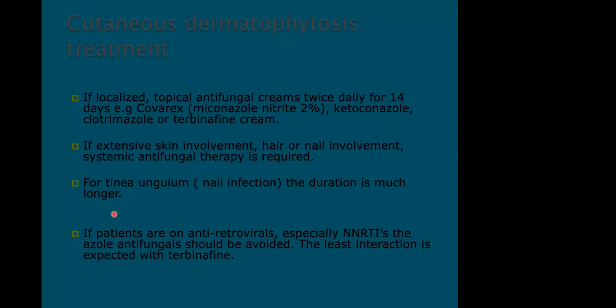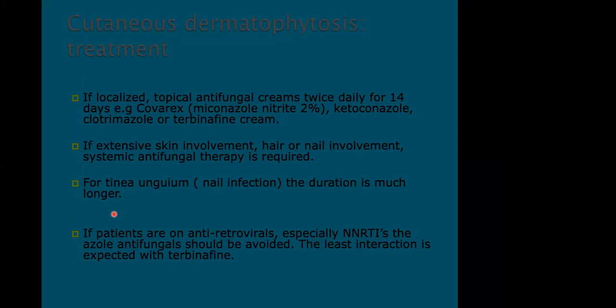And in terms of management of a dermatophyte, especially if it's localized, we start off with topical antifungal twice a day for about 14 days. So we can use miconazole, which comes in as Daktarin, clotrimazole, terbinafine cream. And if it's extensive, then we usually switch over to systemic antifungals.